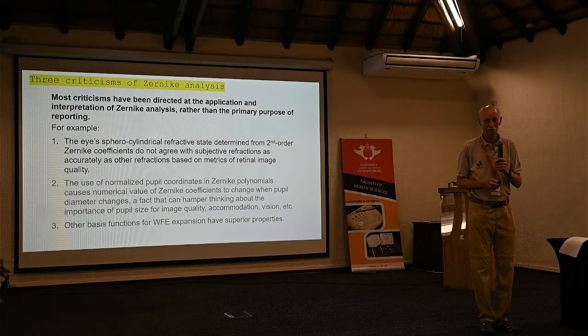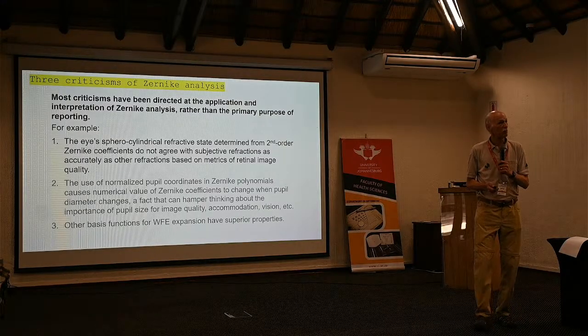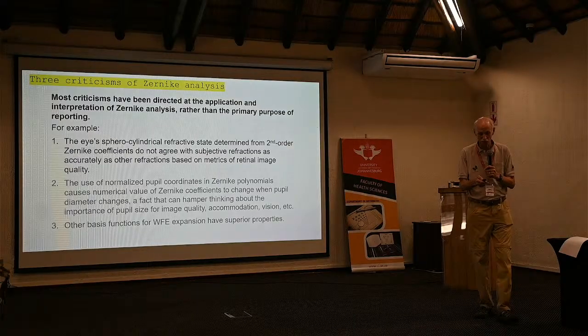And the patient said, well, it's not my prescription. You know? And what was Dan doing? He was using the second-order coefficients. And it seemed to make sense because we said the second-order coefficients are sphere and cylinder and astigmatism. So why didn't it work?